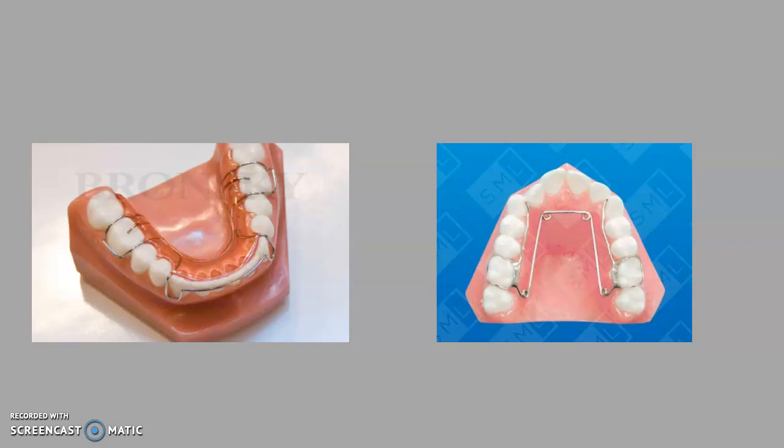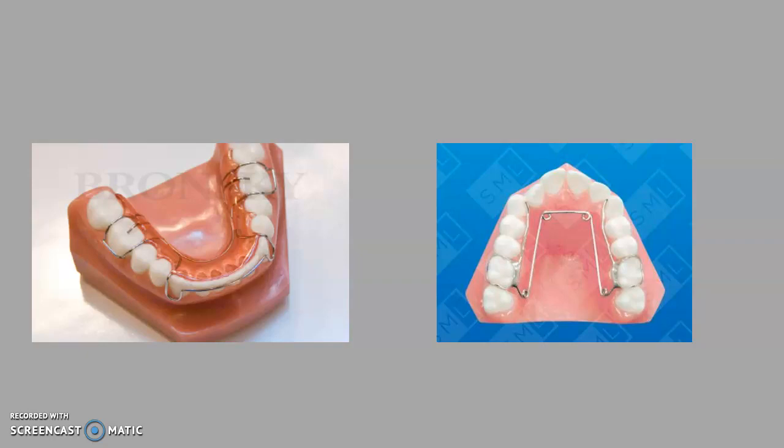In the first picture you can see a Hawley appliance. As you all know, it exerts a certain amount of pressure onto the teeth. So the first one is an example for a removable mechanical appliance.